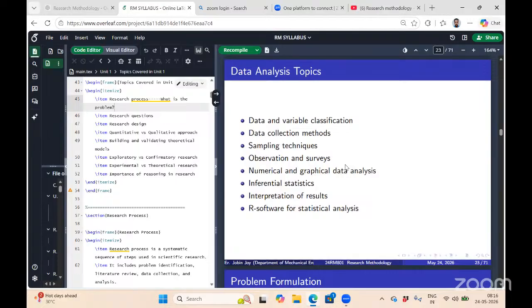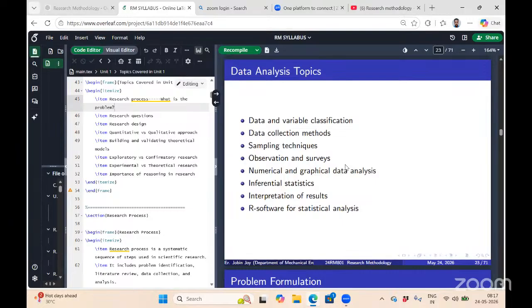So choosing the sample is very important. From the big population, we take a representative sample, conduct experiments on that sample, and predict the behavior of the big population.